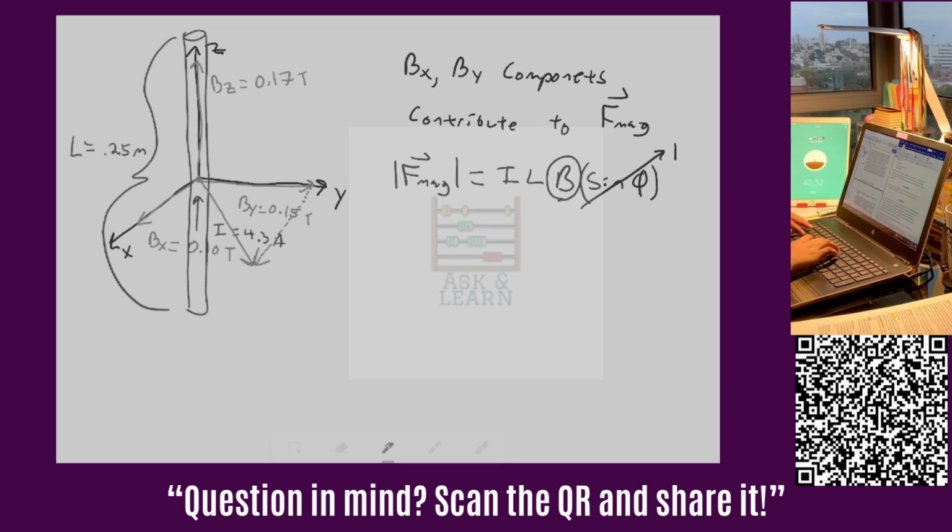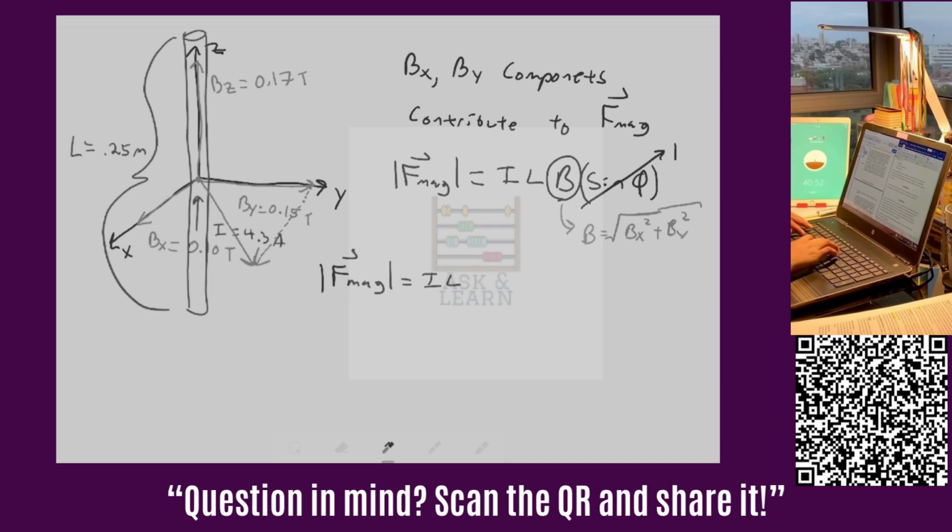So the magnitude of that is just going to be given by the squares of our x and y components added together, square rooted. So we know all the information. We know the current going through the wire, how long it is, and the x and y components of our magnetic field. And that's going to allow us to figure out the total magnetic force magnitude that is acting on this wire.